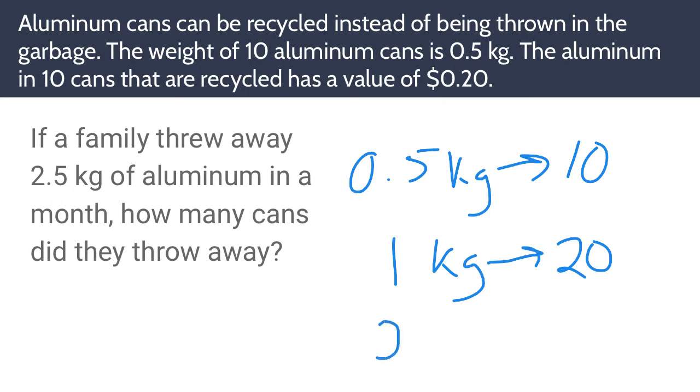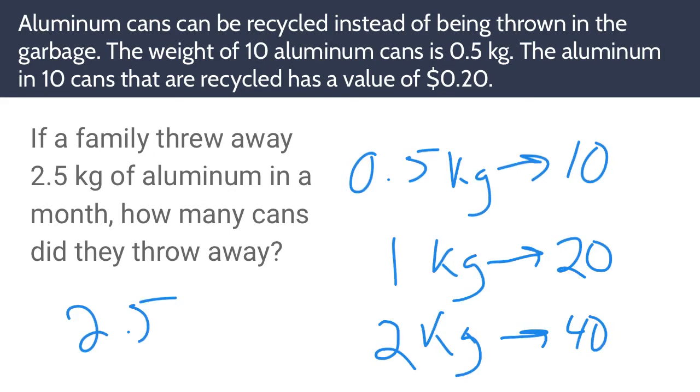So if we said 2 kilograms would be 40, then 2.5 would be the combination of this and this, which would give us 50 cans.